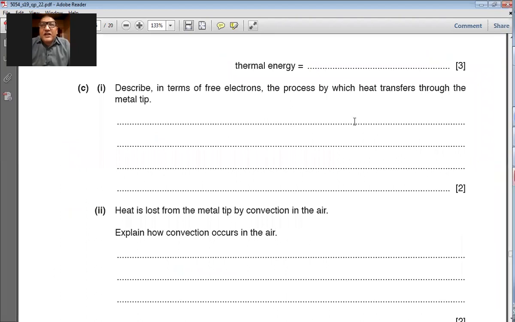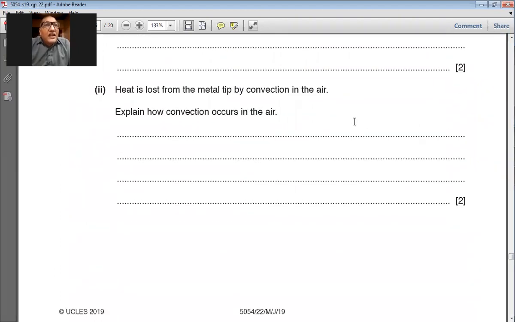And the next part coming up on your screen is: heat is lost from the metal tip by the convection in the air. Explain how convection occurs in the air. You know, the air which is very adjacent to the hot metal tip, that air will absorb the thermal energy. Its molecules will move away from each other. The air will become hot and less dense.